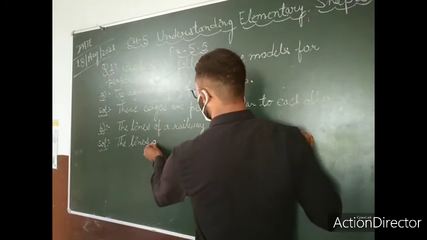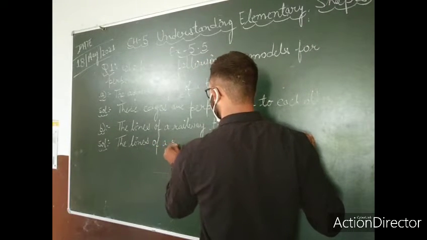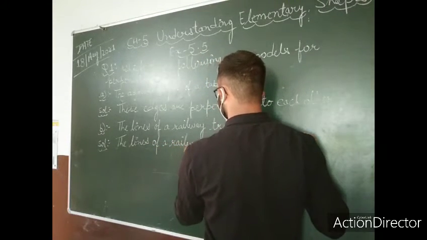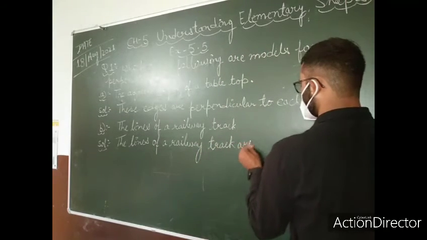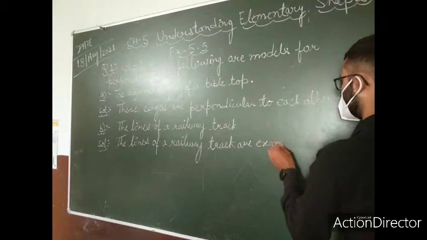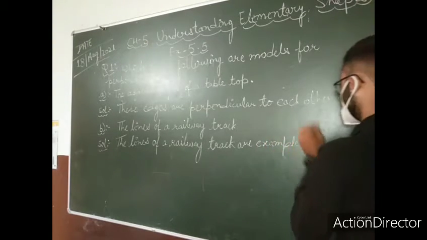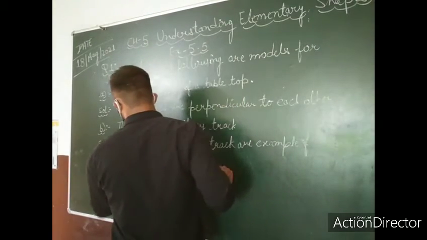So the lines of the railway tracks are an example of parallel lines.